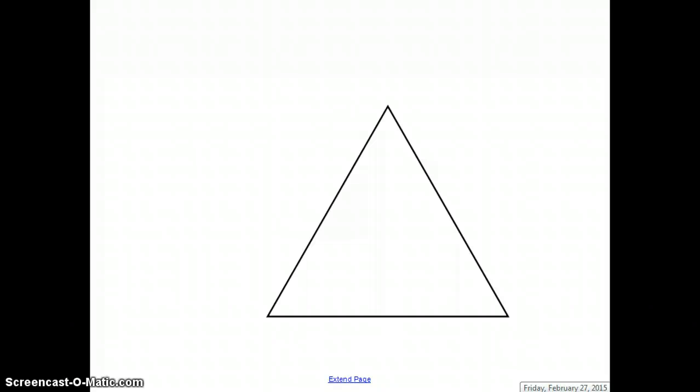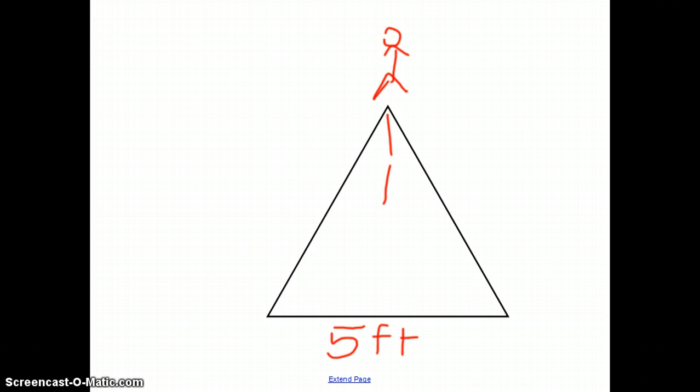So with this triangle, we are going to have a base of, let's see, let's try 5 feet. Okay, and then I'm going to give you the height. So again, as if someone is at the very top of the mountain dropping something down, this will be our height.